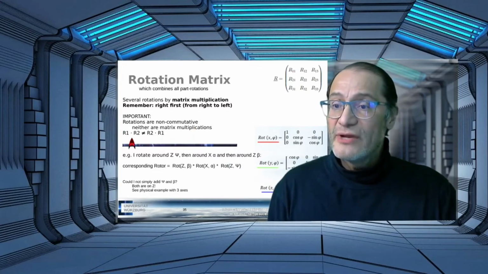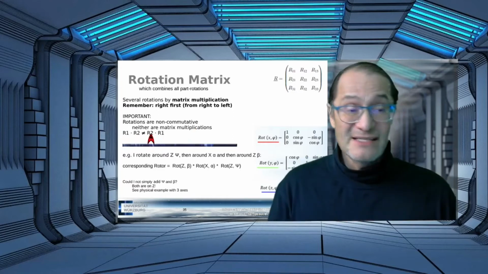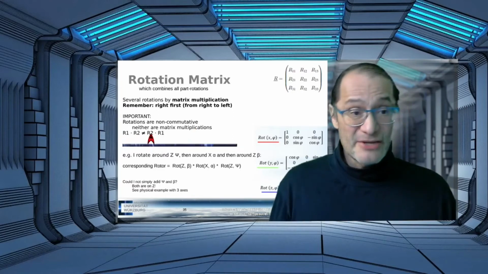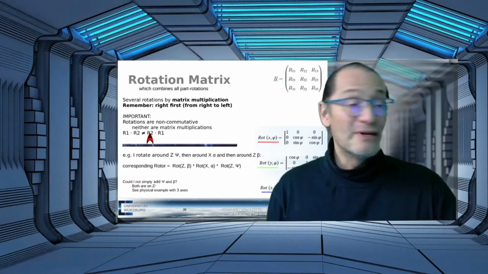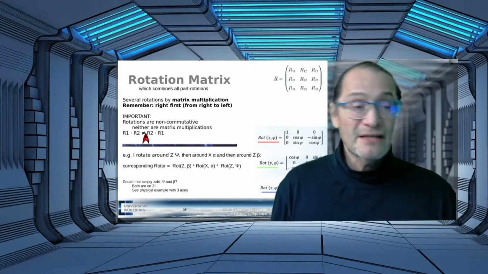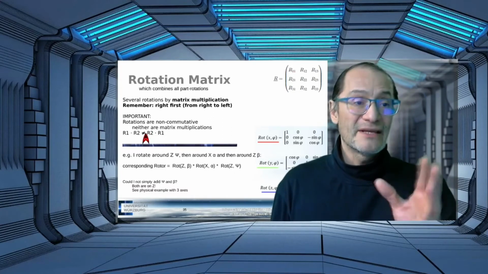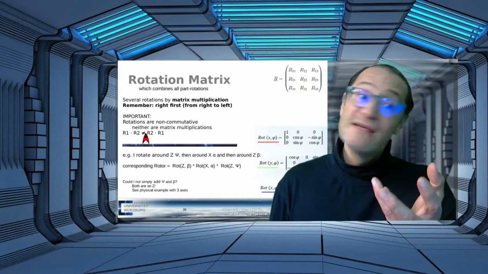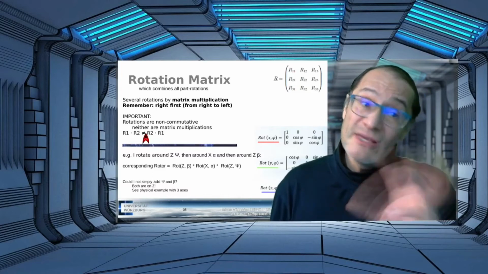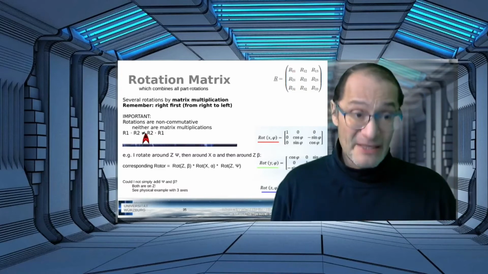So when we multiply two matrices, you cannot interchange the sequence. In matrix multiplication using normal mathematics, it will not be the same. And it is exactly the same with rotations. If you rotate first in A and then in B, it is something different than rotating first in B and then in A. So keep this in mind.